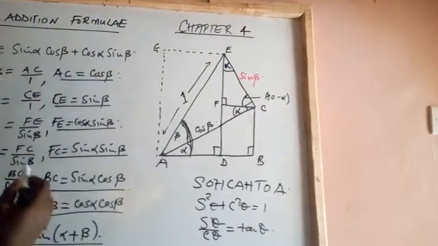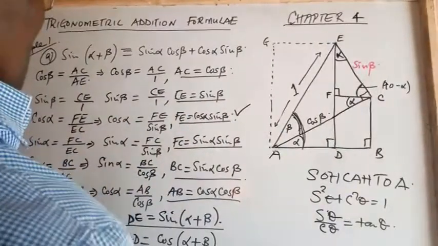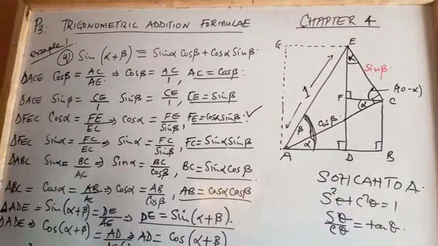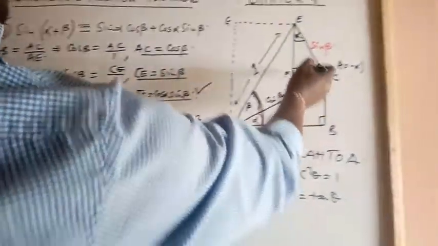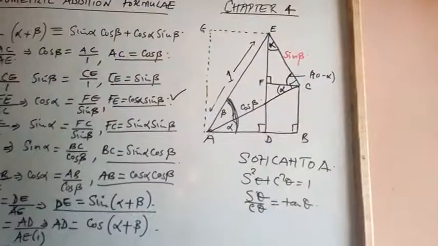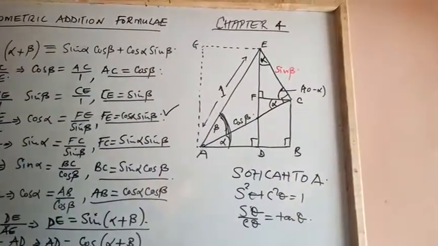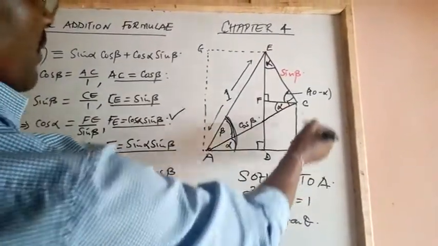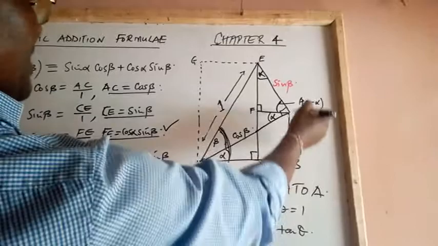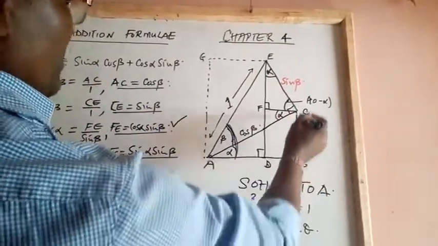FE is cos alpha sine beta. But we can also talk about DF in terms of BC, because this is a rectangle and DF is equal to BC.